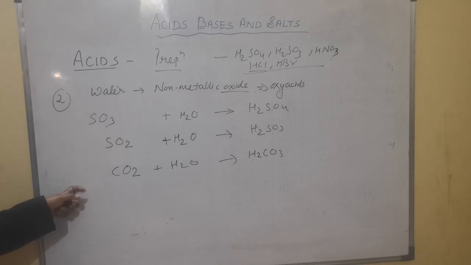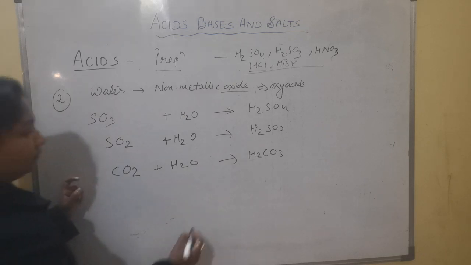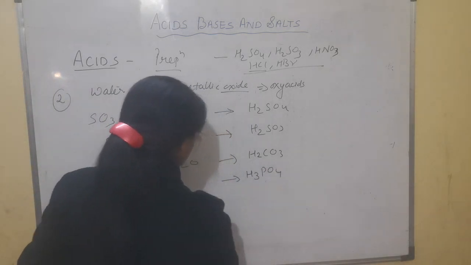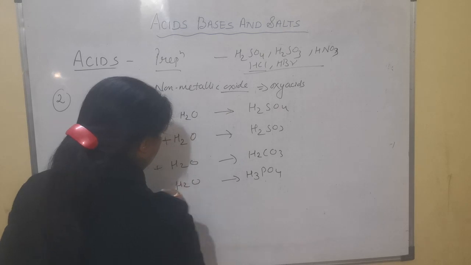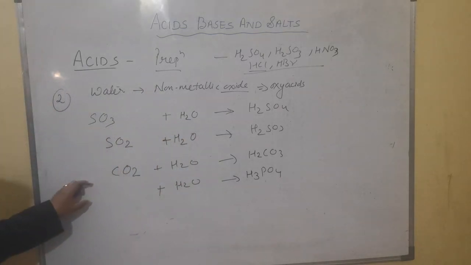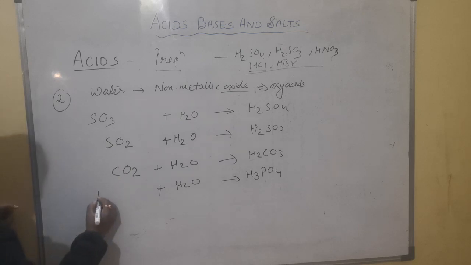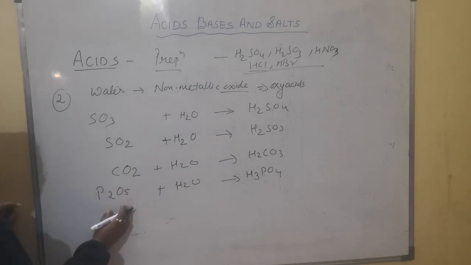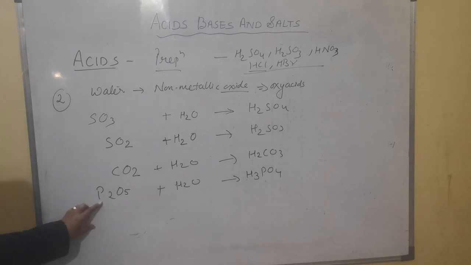Now suppose phosphoric acid, H3PO4, H2O, and what else? This you have to learn. Phosphorus pentaoxide. So you will get H3PO4. Balance it.